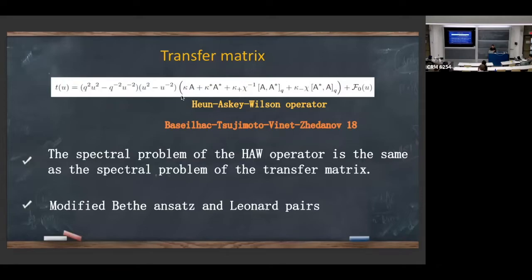As we can see, the spectral problem of the Heun-Askey-Wilson operator is precisely the same spectral problem as the transfer matrix with these reflection matrices. The idea here is then to use the modified Bethe ansatz together with the Leonard pairs that I'm going to recall in the next slide to solve the spectral problem of this operator.